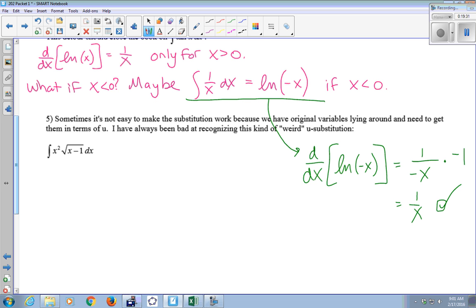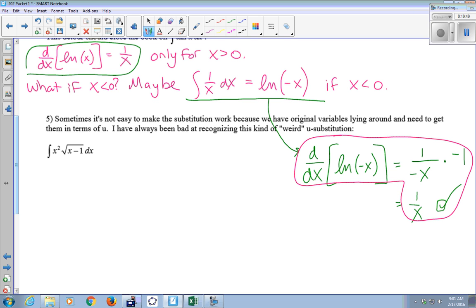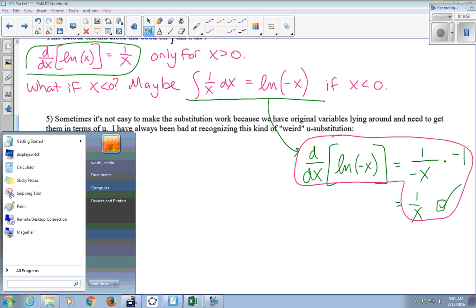So it turns out there are 2 functions whose derivative is 1 over x. The derivative of ln x is 1 over x. Already knew that one, right? But the derivative of ln of negative x also gives you 1 over x. So there are 2 functions whose derivative is 1 over x.